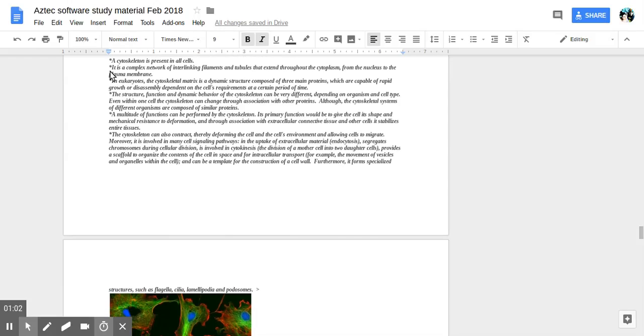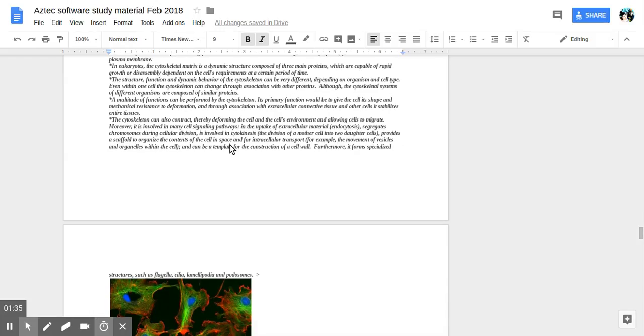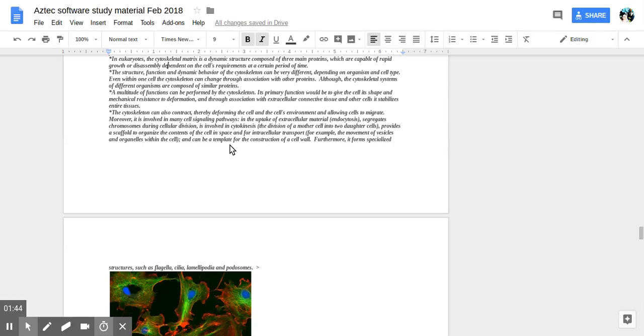In eukaryotes, the cytoskeletal matrix is a dynamic structure composed of three main proteins, which are capable of rapid growth or disassembly depending on the cell's requirements at a certain period of time.